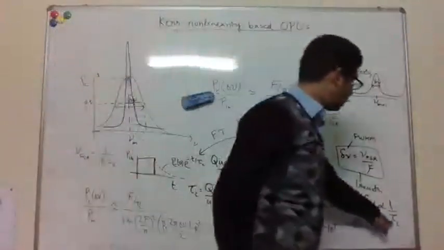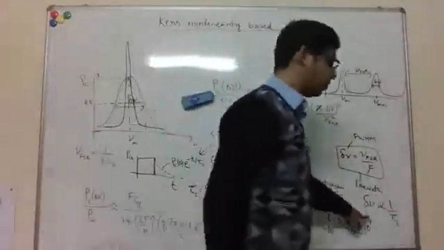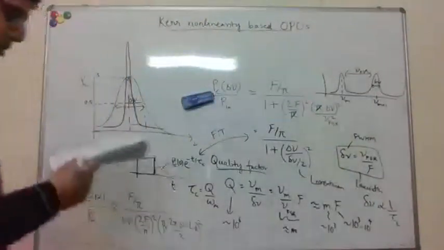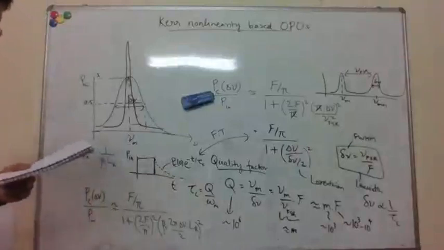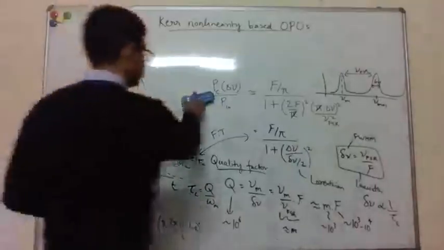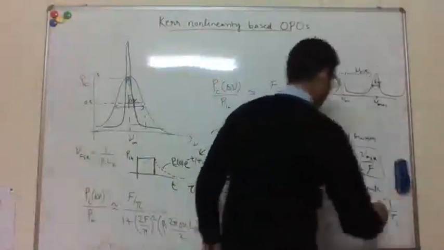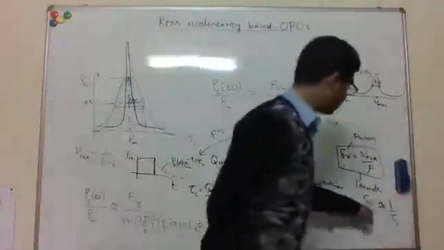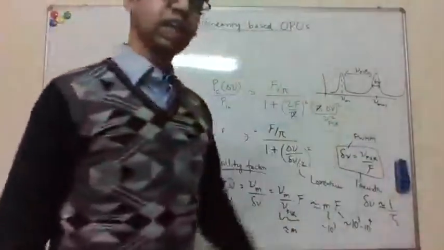So the longer the cavity lifetime, the longer the photon stays in the cavity, the smaller the line width. It's given by that because one over time is basically frequency. The line width is basically the inverse of the cavity lifetime.